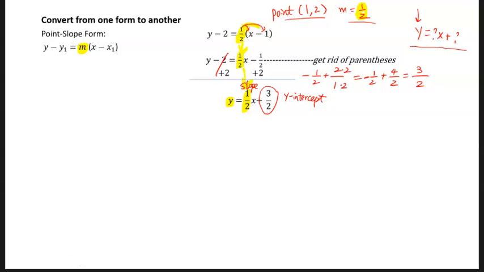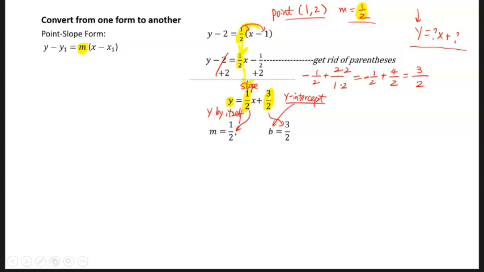Notice that in this equation y is by itself, and on the other side we have slope times x plus the y-intercept. So this formula tells us the slope directly, and for the y-intercept, usually we use the letter b to denote it.